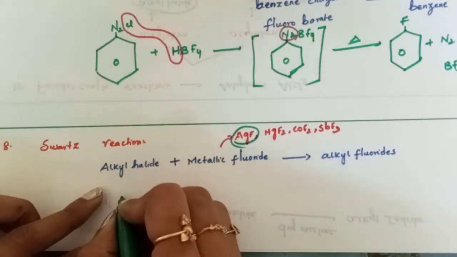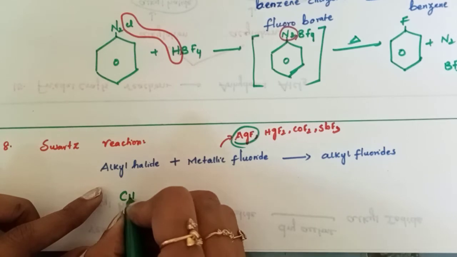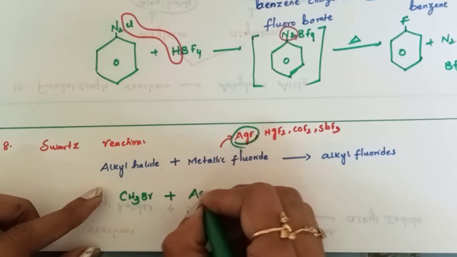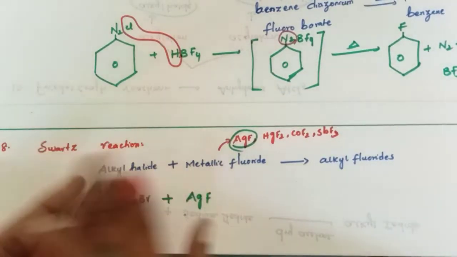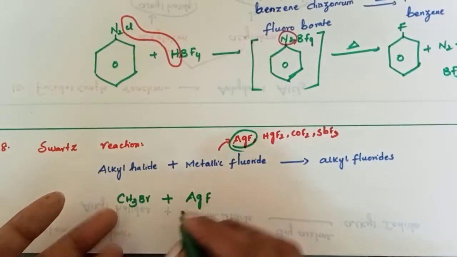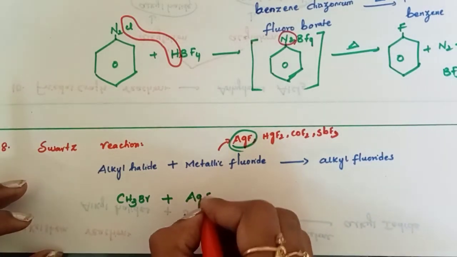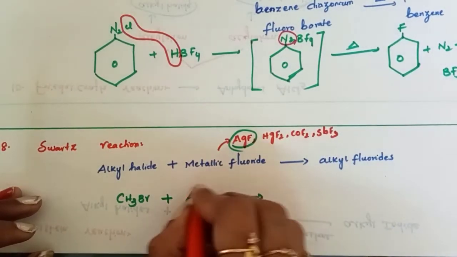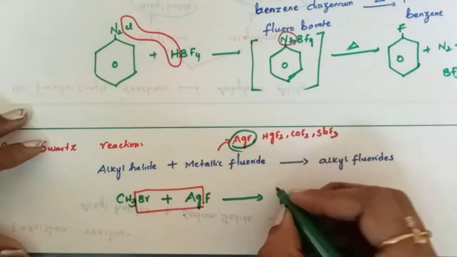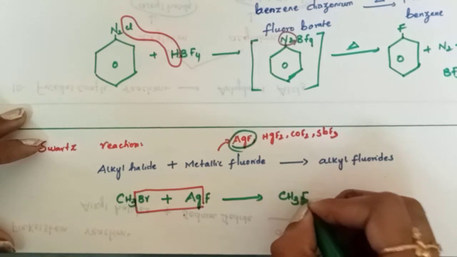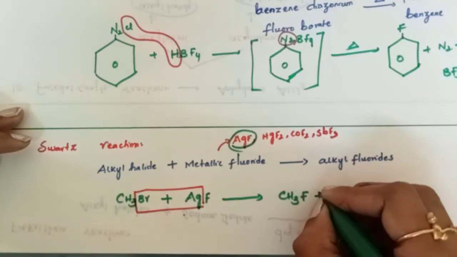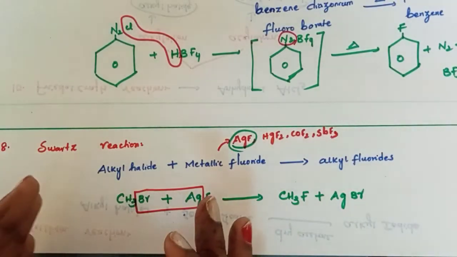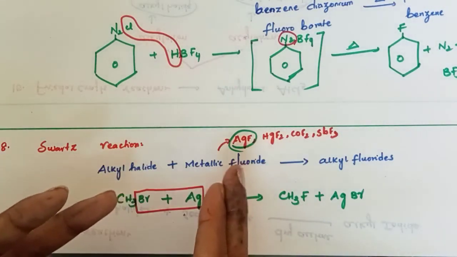See here, CH3Br, alkyl halide which on reaction with silver fluoride. This Swarts reaction is the exchange of ions that takes place. So your product is alkyl fluoride, methyl fluoride plus AgBr. Halogen exchange method, ion exchange method.